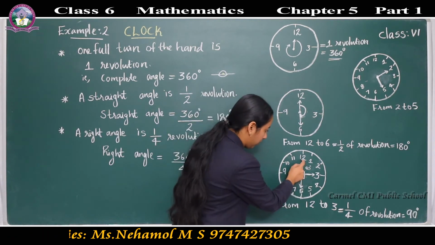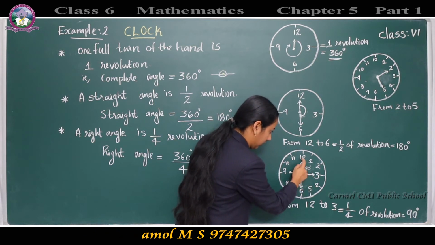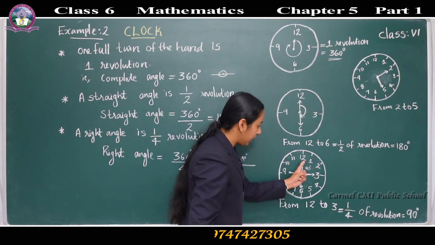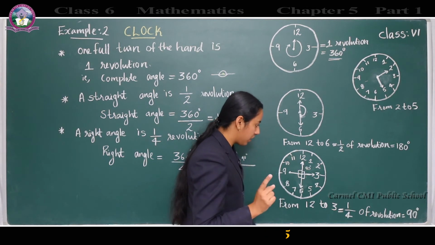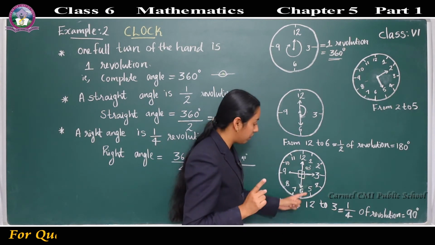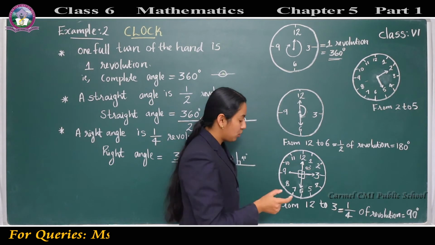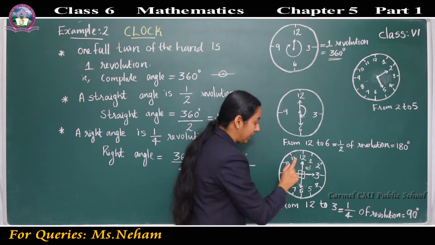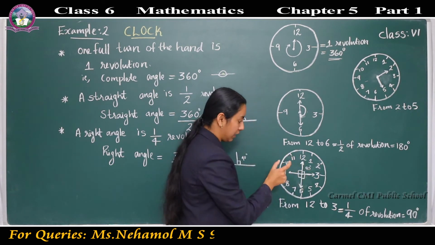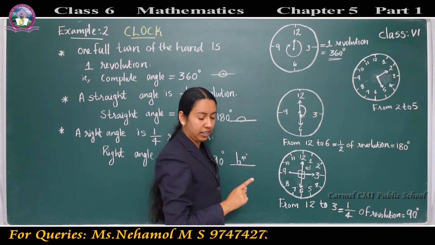So now consider this angle from 12 to 3, this right angle. From 12 to 1, 1 hour, 1 to 2, 1 hour, 2 to 3, 1 hour. So in total there are 3 hours in between a right angle.